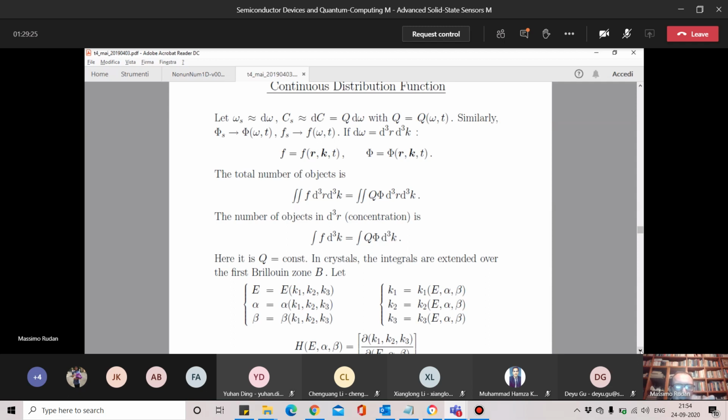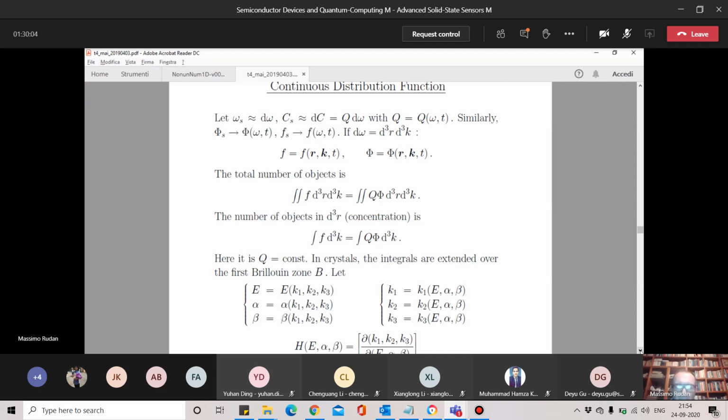And finally, the occupation probability, instead of being function of time and a discrete index S, becomes function of some omega that we shall specify, and t. And similarly, f of s becomes a function of omega and t. So omega for the moment is the space in which we describe the elements of the system. Now we remember that the elements of the system are particles.